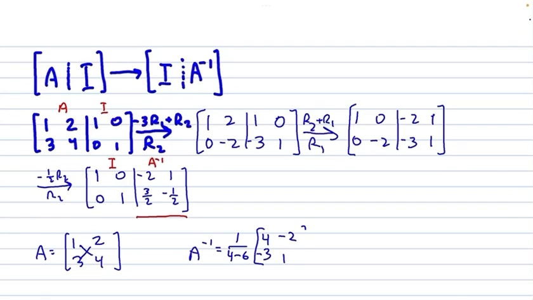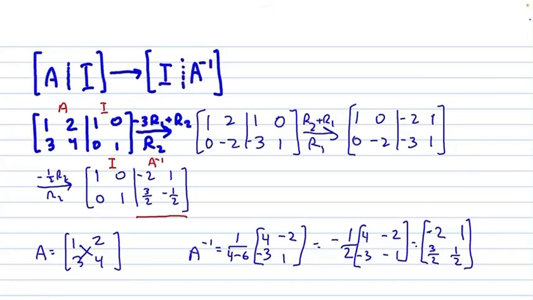Which is equal to negative 1/2 times 4, negative 2, negative 3, and negative 1, which simplifies all the way down to negative 2, 1, 3/2, and negative 1/2 through scalar multiplication.